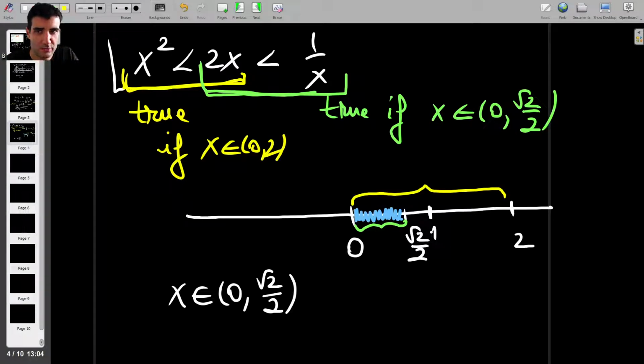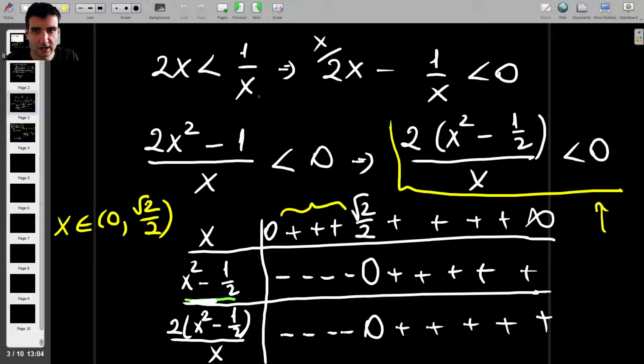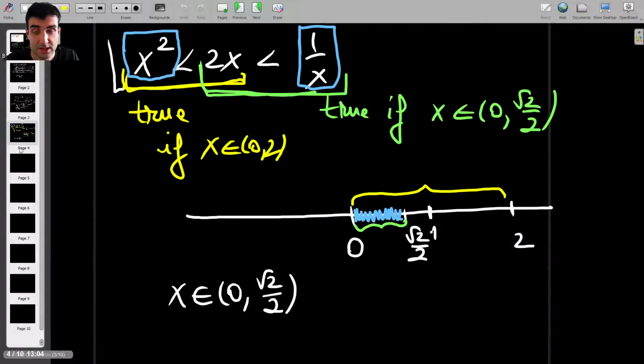In other words, I want to check when can x squared be less than 1 over x. Right? So we looked at x squared being less than 2x, which we did here. We looked at 2x being less than 1 over x, which we did here, and we got this result. But now I also want to look at when can x squared be less than 1 over x.